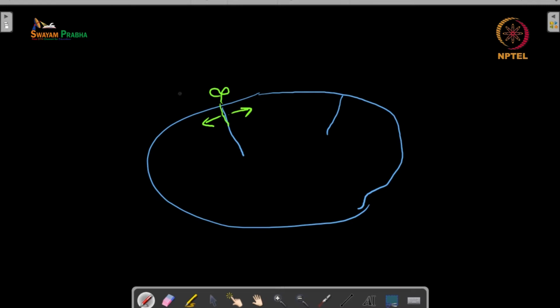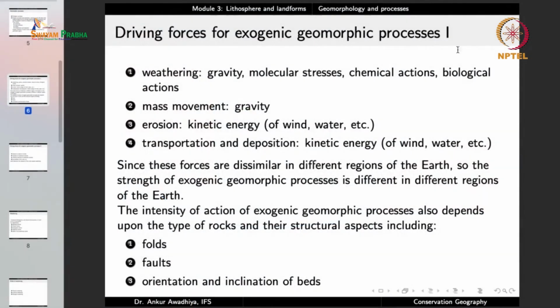In that case, the cracks will increase in size because there is a force acting because of the role of these roots. This pressure will lead to an expansion of this crack, the creation of a larger crack. And when this crack reaches this point, this portion will topple off. So, in this way, we can have the action of biological beings such as plants that help in weathering.